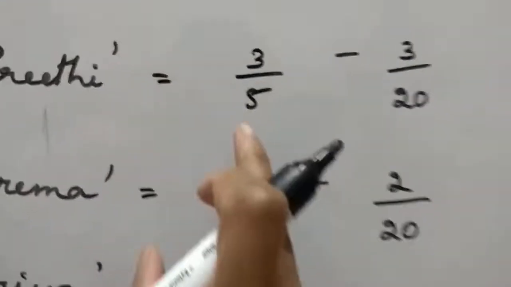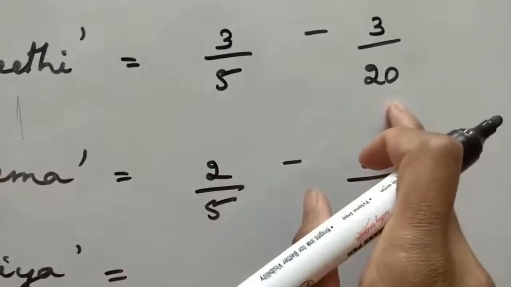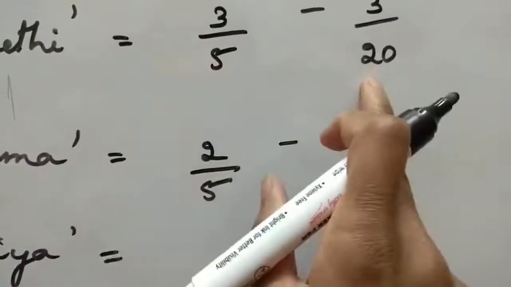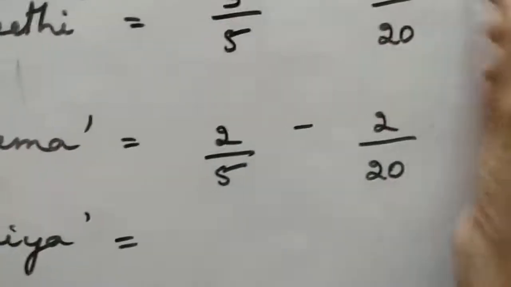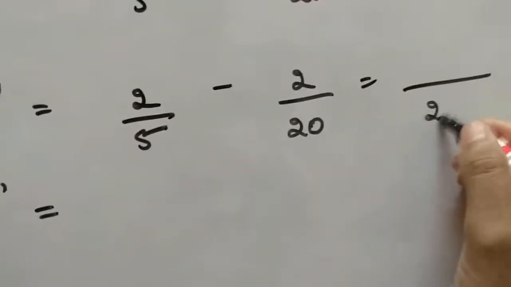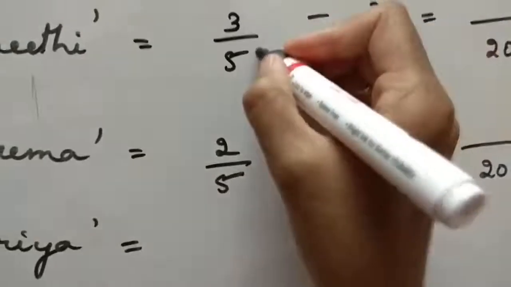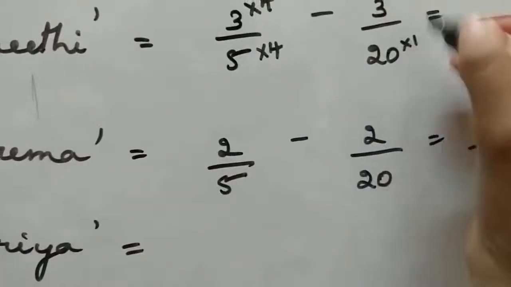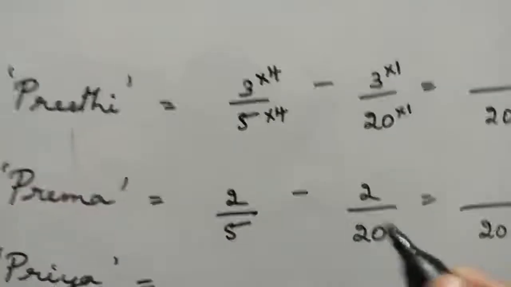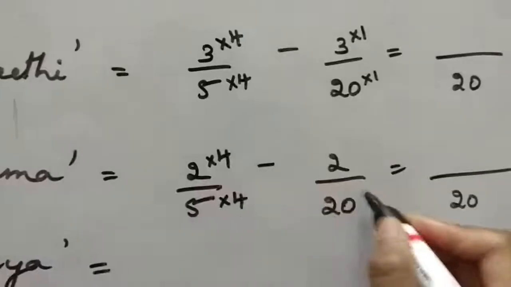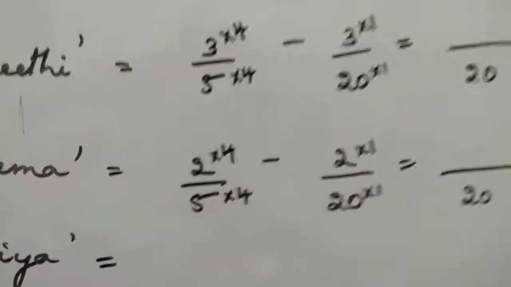Now just observe, the denominators 5 and 20 are not similar, but 5 and 20 go in the same table, so the largest, 20, is going to be considered as the LCM. We need not go for the LCM calculation. So let us consider this. 5 fours are 20, 20 ones are 20, and in the same way 5 fours are 20, 20 ones are 20.